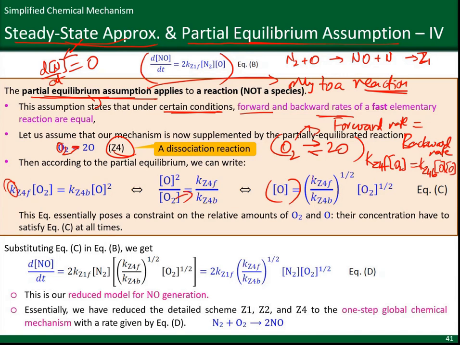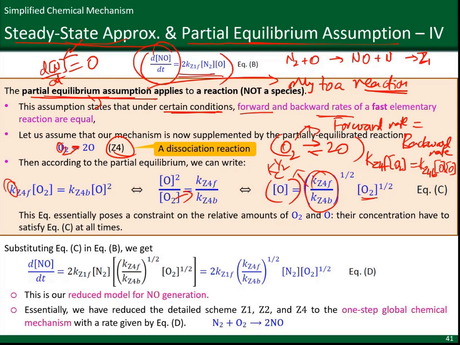It becomes equal to the square root of this ratio of reaction rate, K_Z4F by K_Z4B, which, if you recall correctly, is also the equilibrium constant for this decomposition reaction, Kc raised to half, times the square root of the concentration of O2. By doing this, we have removed all the nitrogen and oxygen atoms from the rate of formation expression for NO.